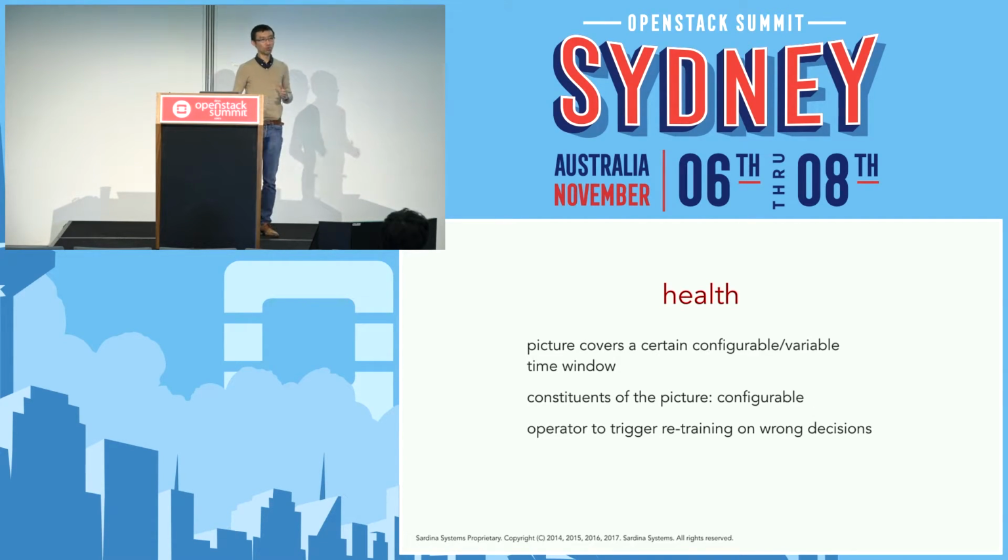And we also need this thing to be configurable in terms of what are the constituents of the picture. So in other words, whether it's the head, foot, and the palm. And it needs to be configurable in its time window. And then allow the operator to trigger retraining on certain wrong decisions. Computationally, we know that this is non-trivial.